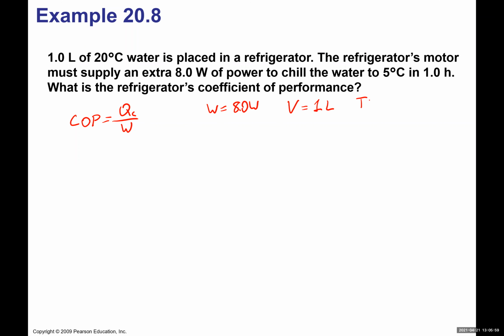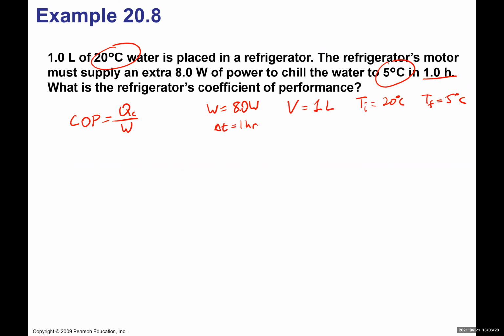So we're going to chill it to 5 degrees Celsius. And we're also given the time, right? 1 hour. So let's say T initial is 20 degrees Celsius, T final is equal to 5 degrees Celsius. Then the time, let's say delta T here, is 1 hour. Can write it like that.